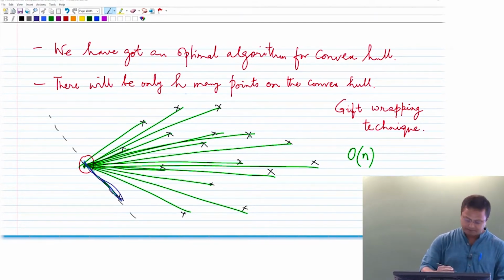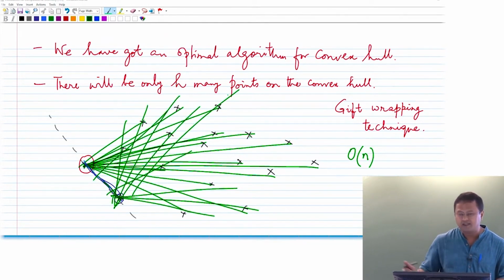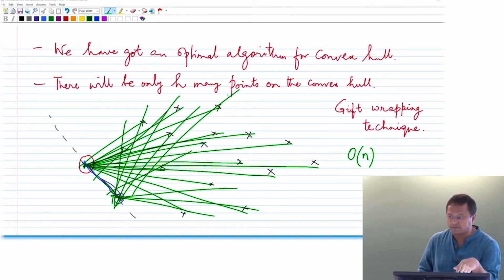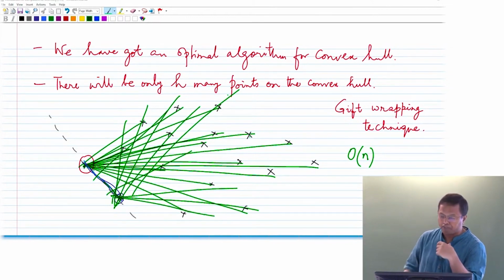Now, I stand here, and again I do the same thing. Again you draw all these line segments, right. Now, here the assumption that no 3 points are collinear helps, right, because otherwise 2 points would have the same angular order, fine.